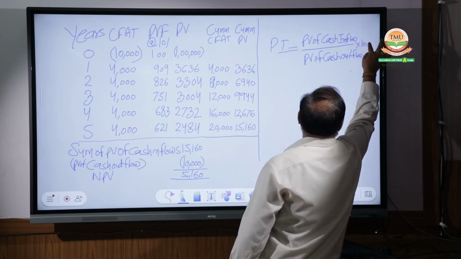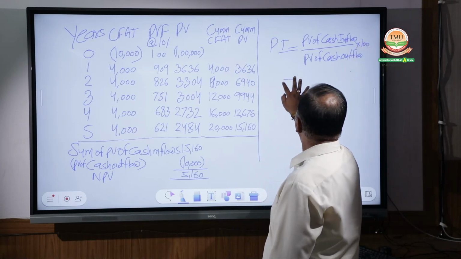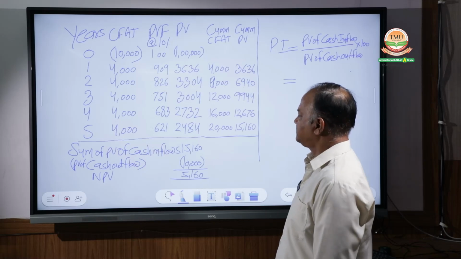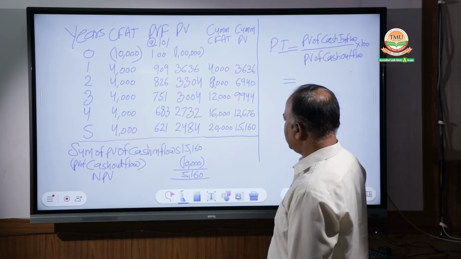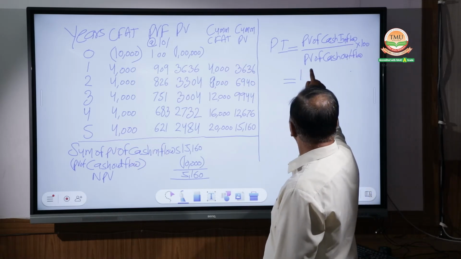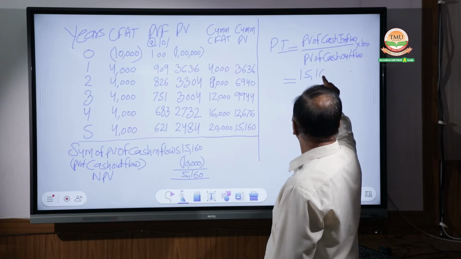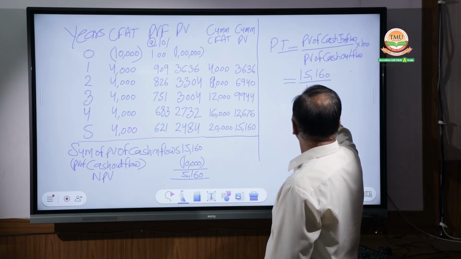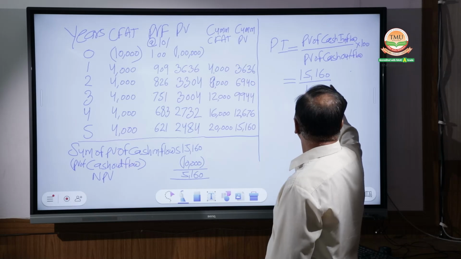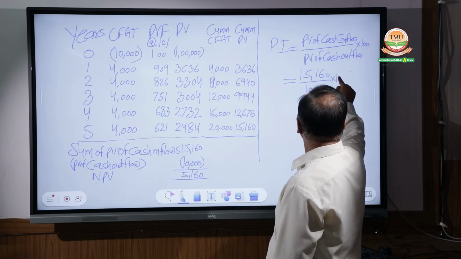Into 100. Now cash inflow is 15160 divided by 10,000.